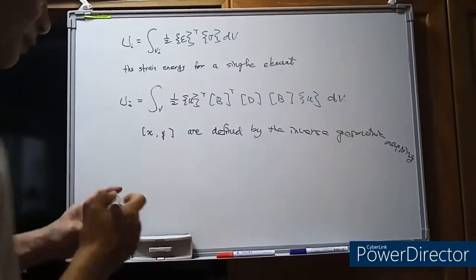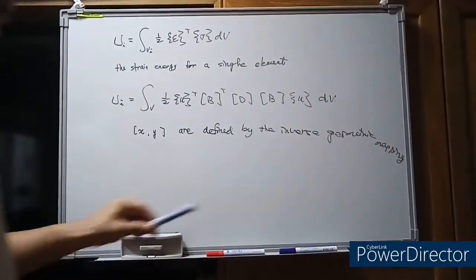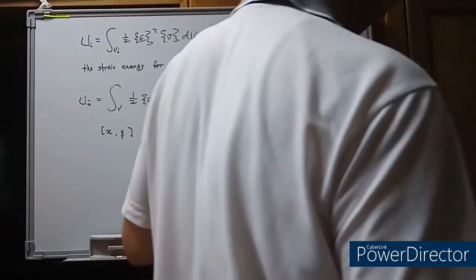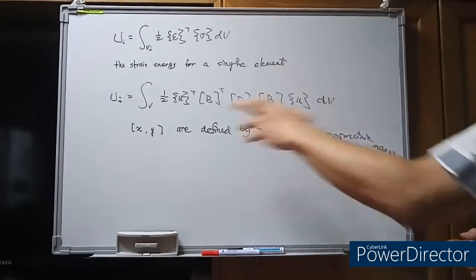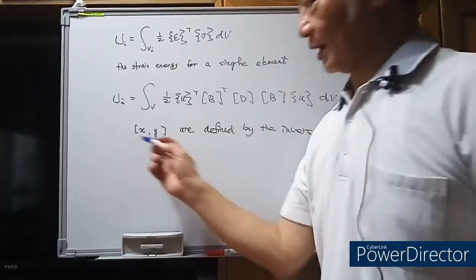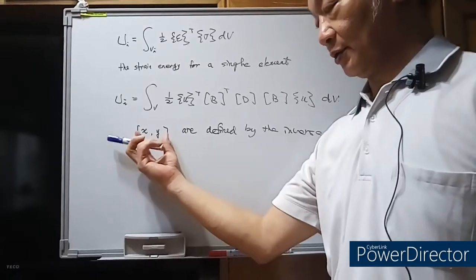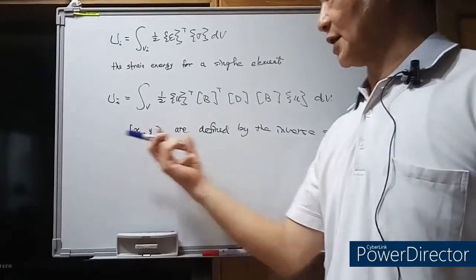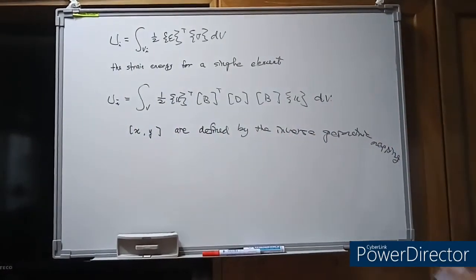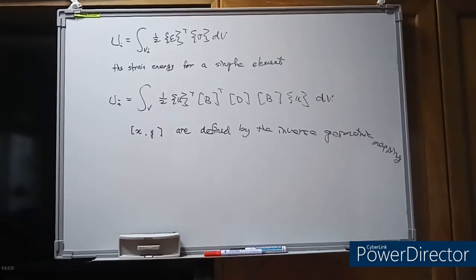Remember for the map and the inverse map elements, the range of the x, y, and the range covered by this element will be defined by the inverse geometric mapping.